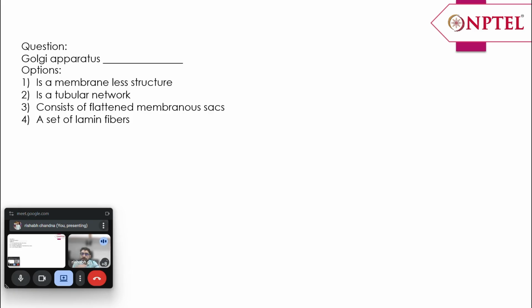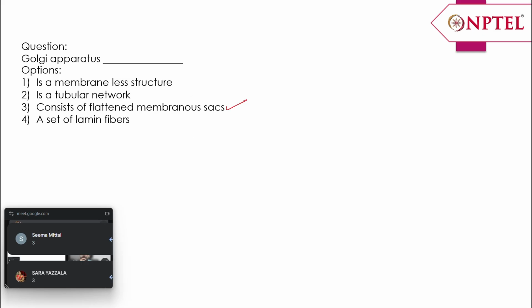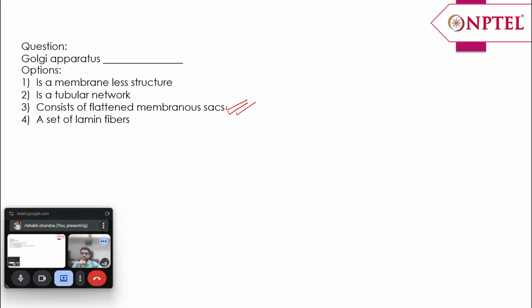Now we will be moving to the other compartment, that is Golgi. So Golgi apparatus is, so what can be the correct answer? Okay, so the correct answer is option 3.